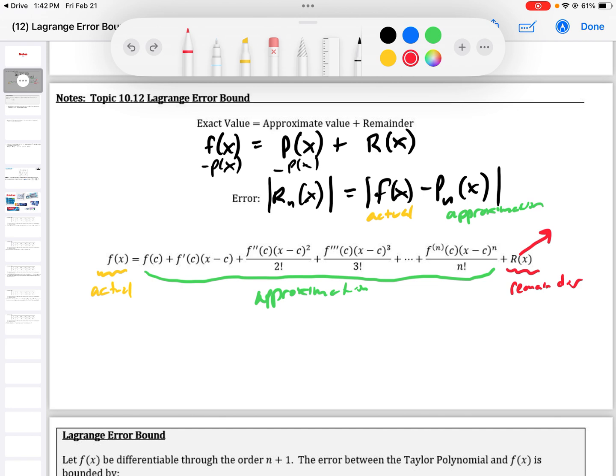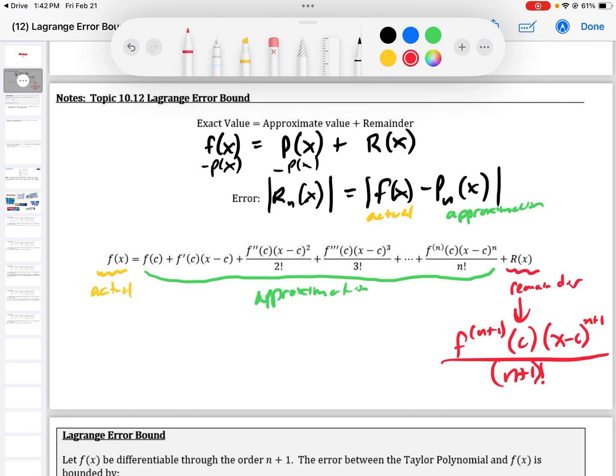If this would be the nth term, the next term would be the n plus 1 derivative, evaluated at c, times x minus c to the n plus 1, all over n plus 1 factorial. And that's just the next term in the Taylor polynomial.